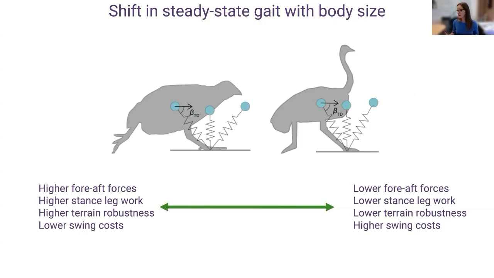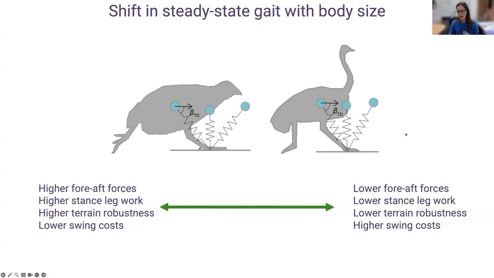In reality, that's done by muscles, right? Or some combination of muscle and tendon. But they have a higher terrain robustness, which we quantified by the biggest terrain drop, in proportion to their leg length, that they can handle before they fall. And they have lower swing costs because they have a longer duration for the swing period of the gait.